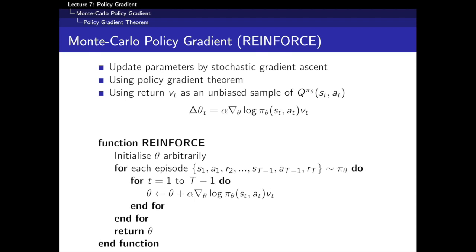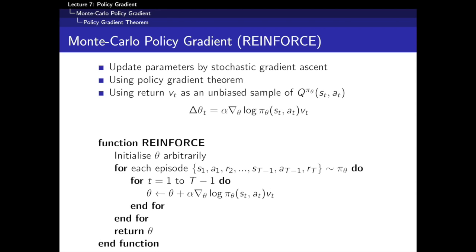And so what would that look like in an algorithm? Well, you'd start off, you'd pick some arbitrary parameters, you run your episode, and first of all, you run forward, you generate all of your rewards. This is like a forward view algorithm, so you have to go all the way to the end of the episode and generate your rewards. At the end of that, you know what the return was from each of your steps now.